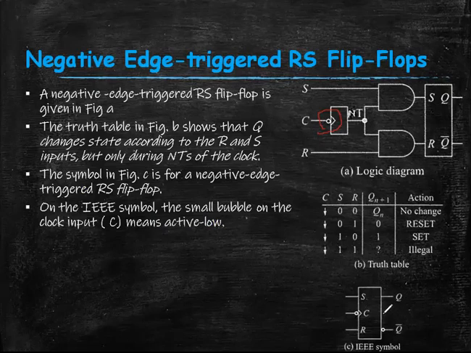The figure shows the IEEE symbol. Okay, the small bubble on the clock means it is active low.